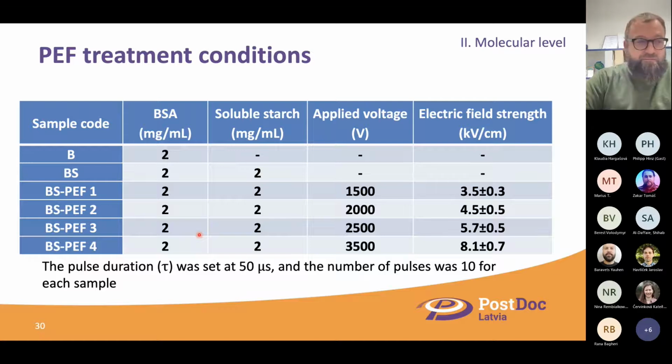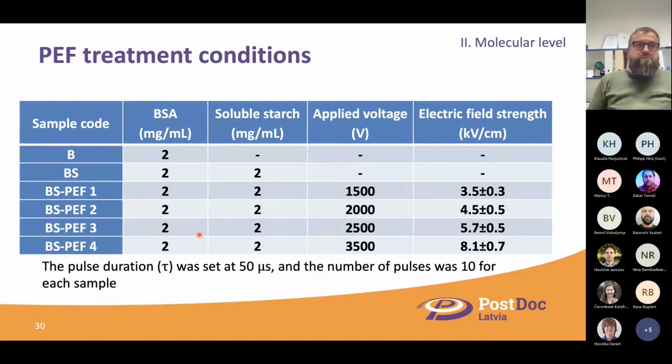If you are familiar with really hard treatment conditions, there is one webinar from Professor Sono from Kumamoto University, who is exploring quite high electric field treatment to change some properties of proteins.